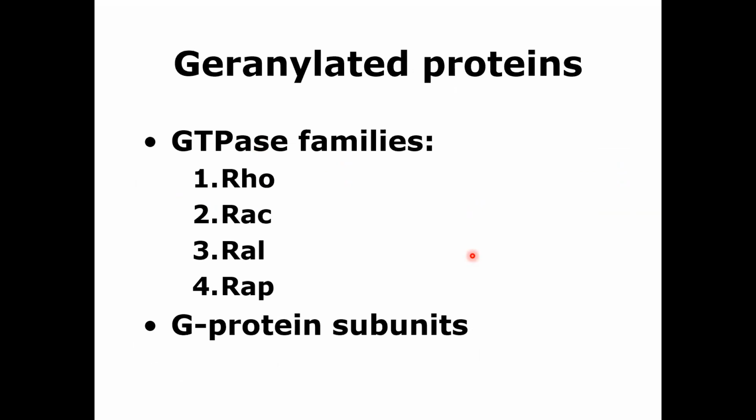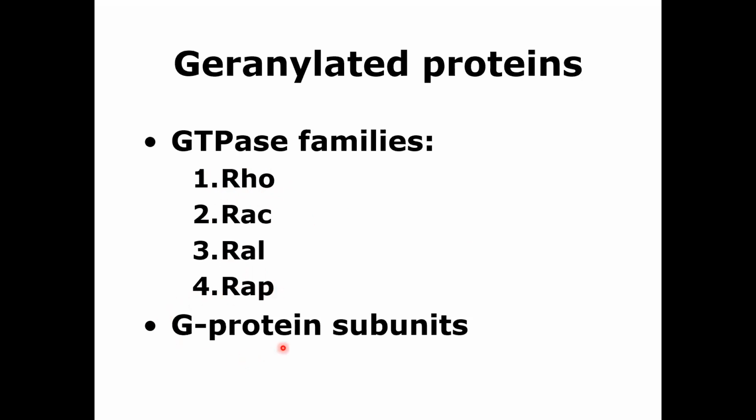And we found that around 79 proteins in the human proteome and around 160 proteins in the mouse proteome could be potentially geranylated by the GGTI enzyme. And the most important groups of the proteins included Rho GTPases, RAB GTPases, RAL, and RAP GTPases, and also certain G protein subunits.